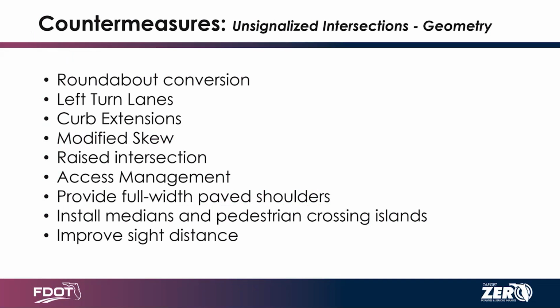One of the geometric changes is roundabouts. We're going to get into the addition of turn lanes, modifying the skew angle, access management, shoulder width, medians and pedestrian crossing islands, and improving the sight distance. So some of the challenges that you all already mentioned, these countermeasures are going to address.